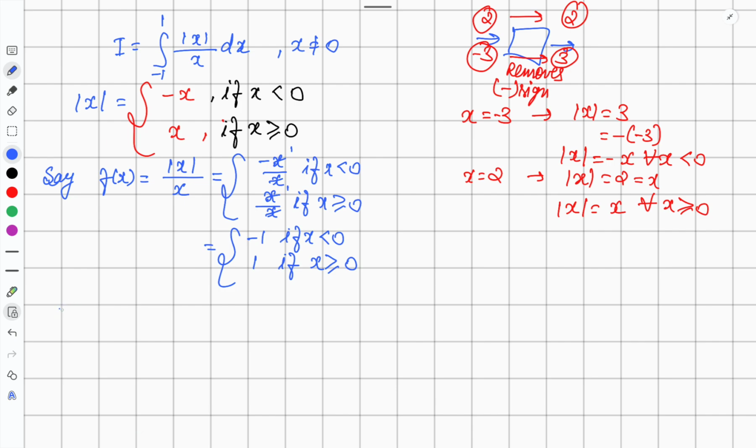Okay, moving on. This function changes value at x equal to 0. It has some value before 0 and some other value after 0, and we are to integrate it between the lower limit of minus 1 and the upper limit of plus 1, and 0 falls in it.